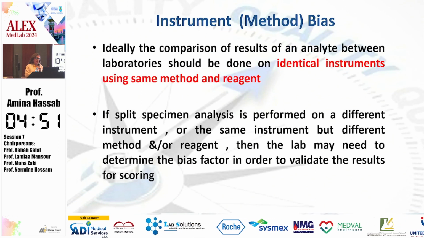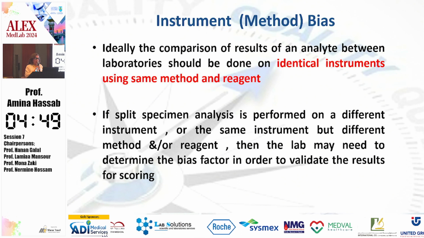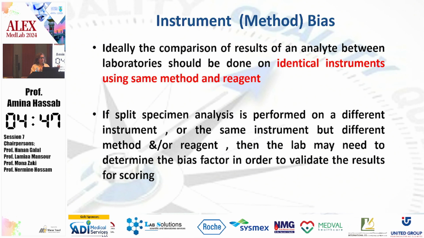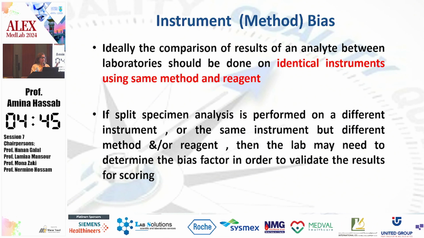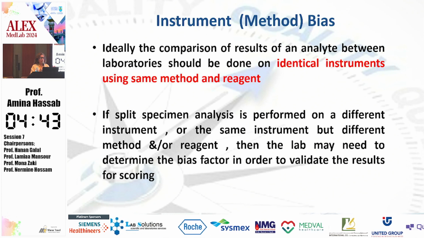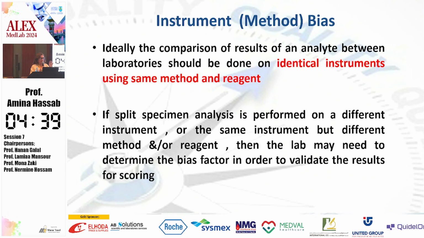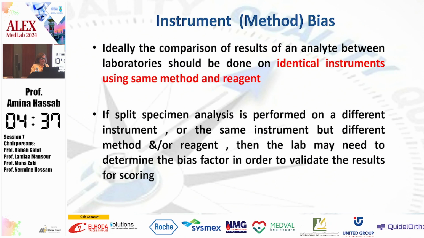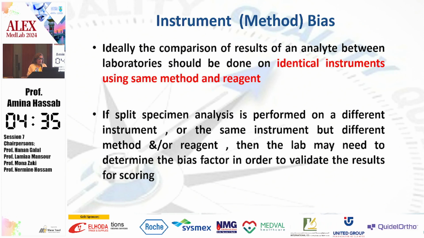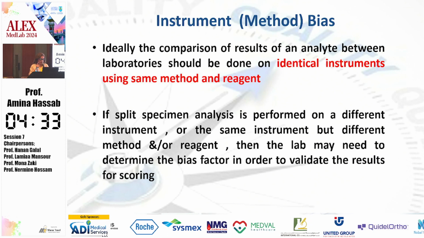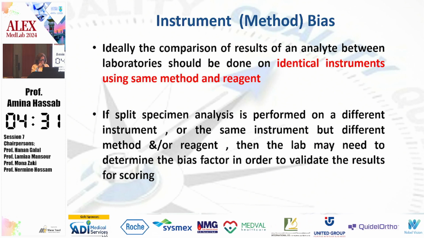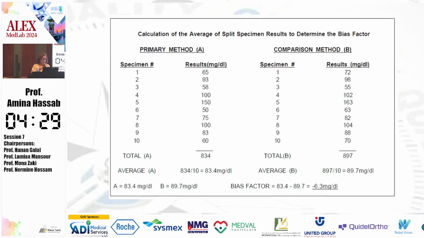So of course, the ideal situation is that when we do a comparison, we do it with an identical instrument, just as we do in the proficiency testing when we enter with our peer groups in the same method, same analyzer, and same reagent. As I said, if there is any difference, then I have to calculate the bias.